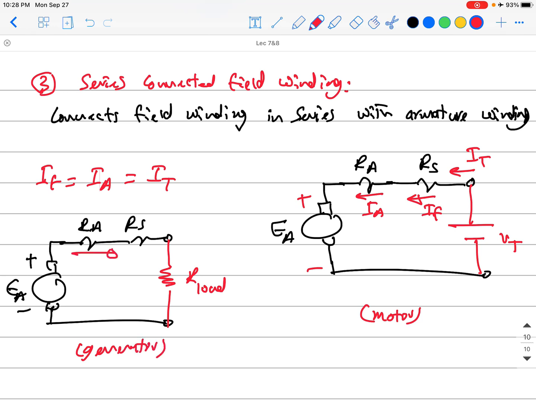And it will be IA equals I field equals I terminal or I load. They are all the same. Okay, guys? So the same idea. Rather than having a separate source for the field winding, you just connect it in series with the armature winding and apply one single source, and it will produce enough current for both windings. Also, the generator is the same idea. Okay, guys?